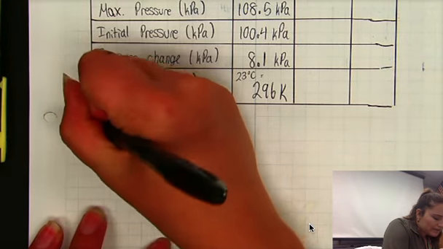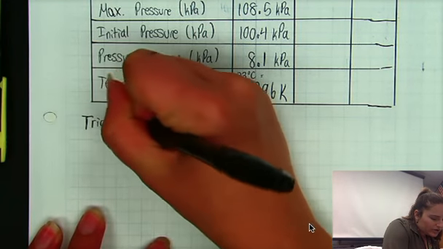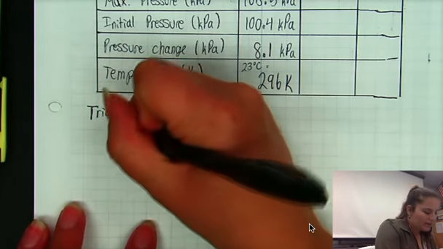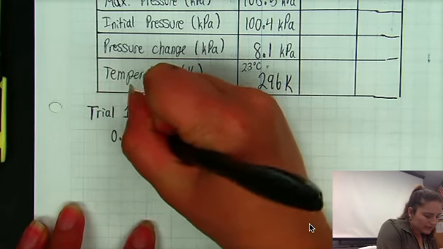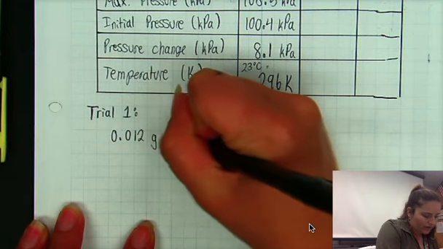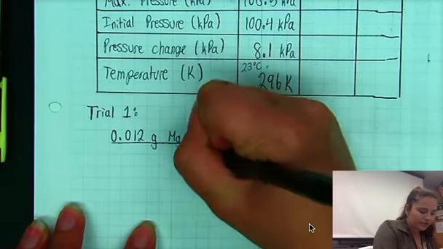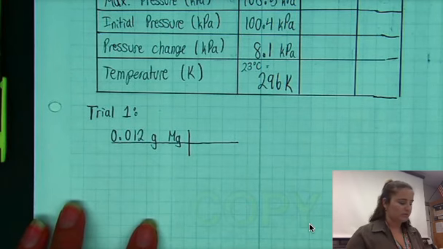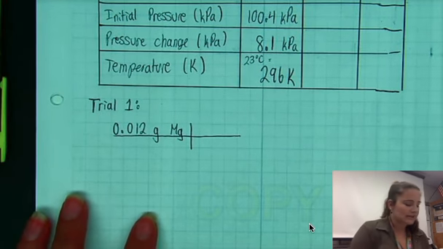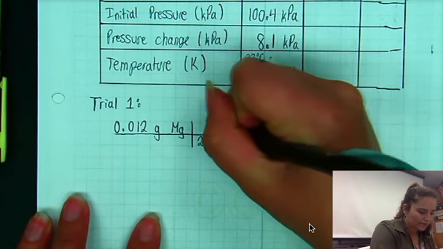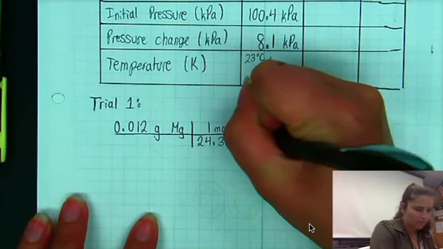So I'm going to label my calculations and start with just trial 1. I have 0.012 grams of magnesium, and in order to convert from grams to moles, we of course use the molar mass. The molar mass of magnesium is 24.31 grams per each 1 mole.